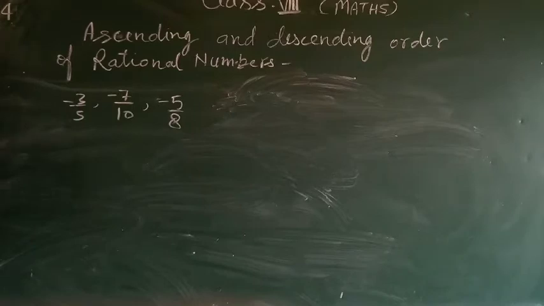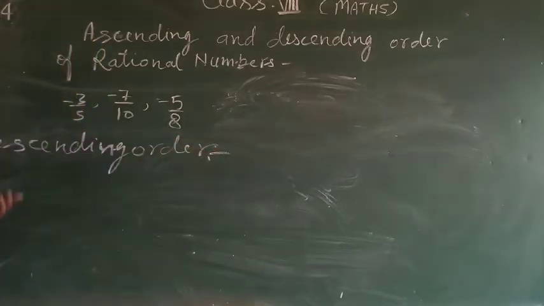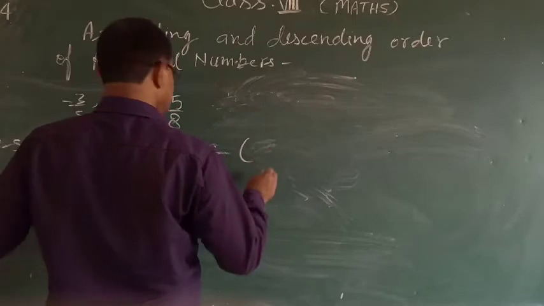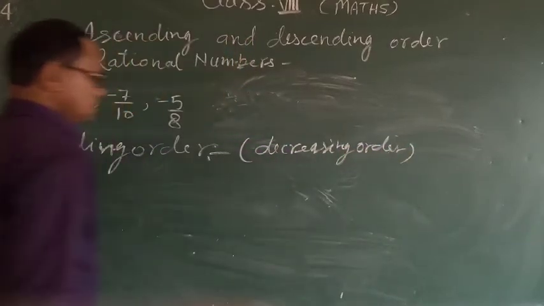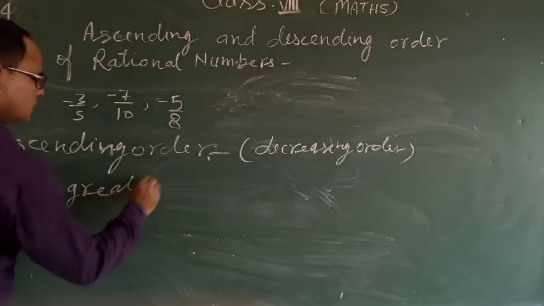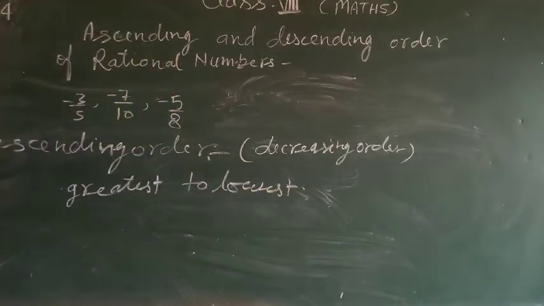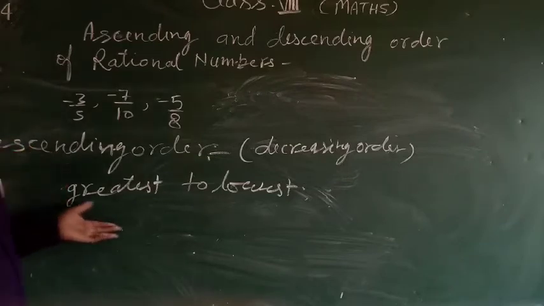Descending order is also called decreasing order. Here we write terms from greatest to lowest. In descending order, numbers are written in greatest to lowest form.